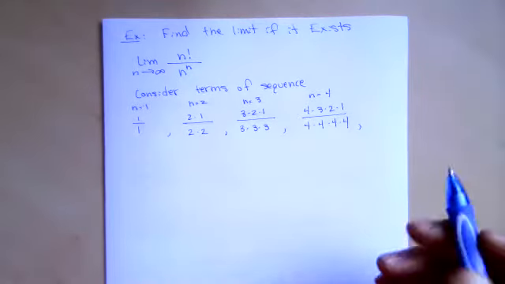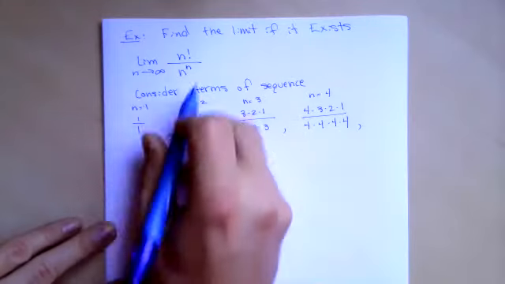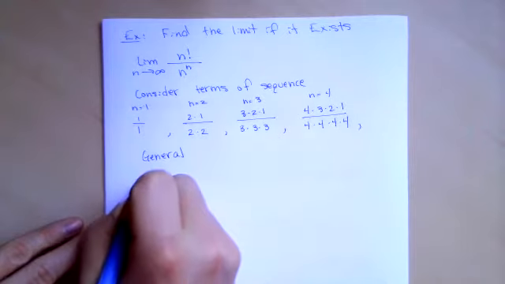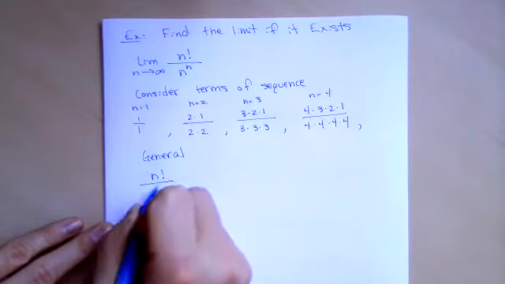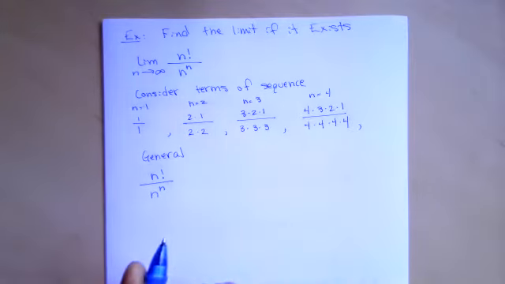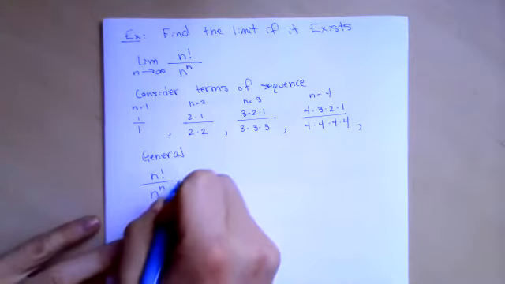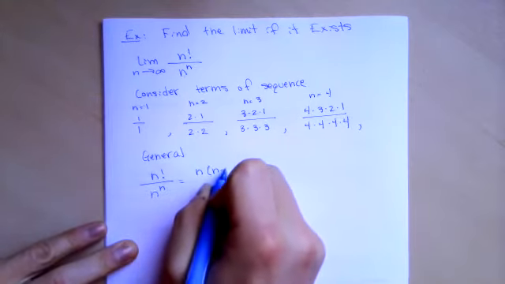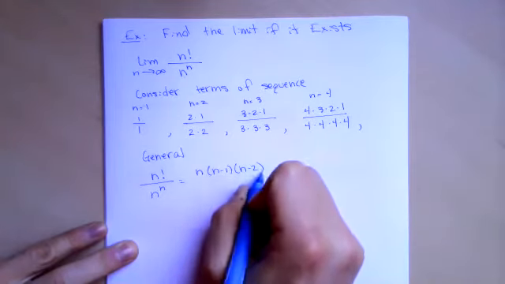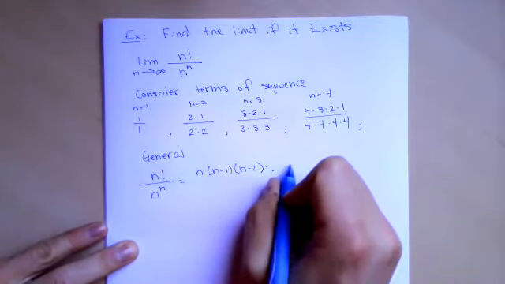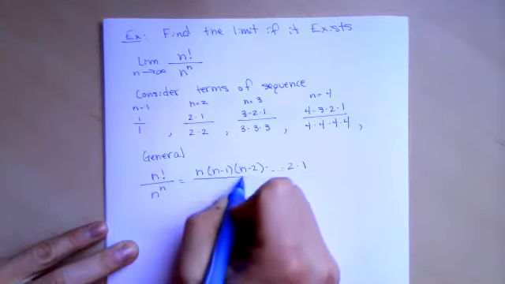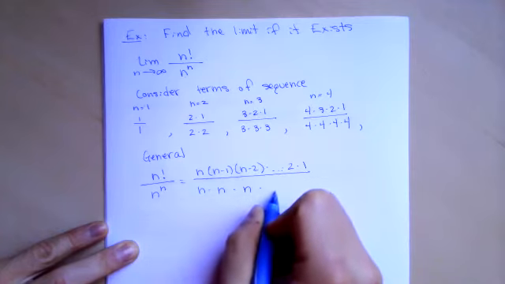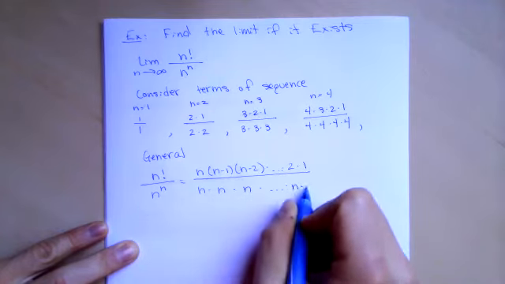And so let's mess around with this general term again. So we've got n factorial over n to the n. Factorials are kind of a funny thing. Because n factorial is n times n minus 1 times n minus 2 all the way down to 1, and n to the n is just multiplying by n that many times.